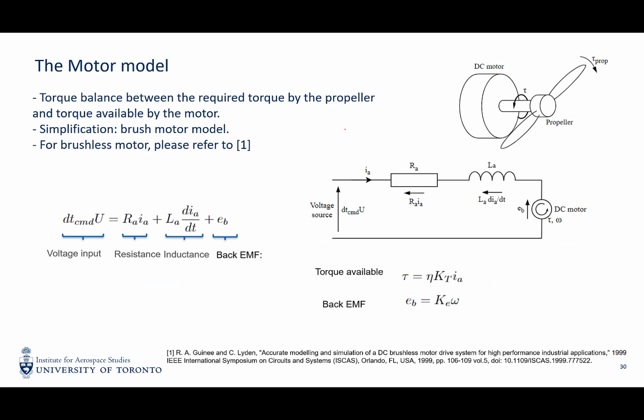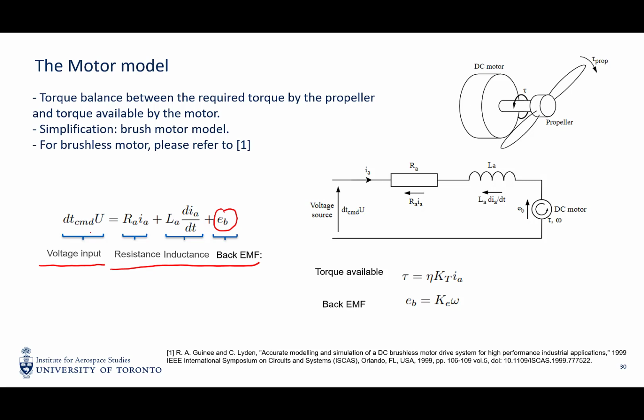For the motor modeling, you can simplify the brushless motor into a brush motor. And for a brush motor, the dynamics of the motor is in this format. Basically, the back EMF is a function of the rotating speed. So if the rotation speed is high, the back EMF is high. And the control input you put into this system is the voltage input.